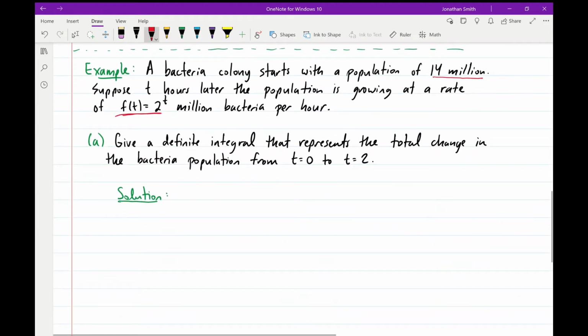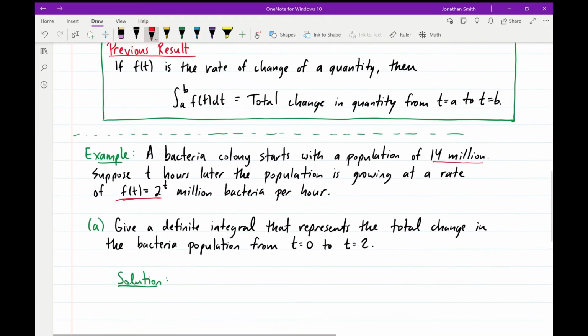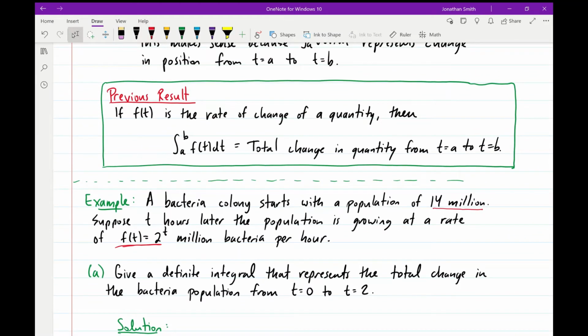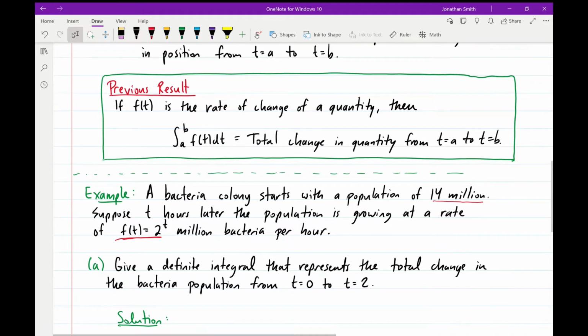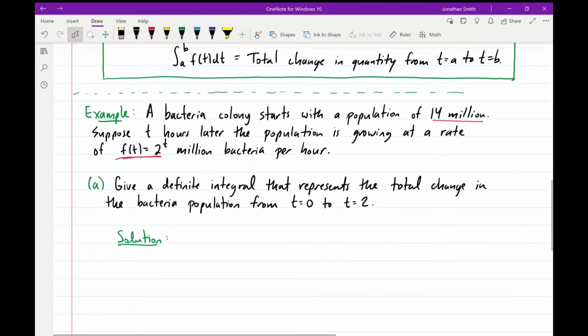The first one: we want to give a definite integral that represents the total change in the bacteria population from t equals 0 to t equals 2. Well, remember from this previous result that if we have a function that gives the rate of change, the definite integral is going to represent the total change in that quantity from t equals a to t equals b.